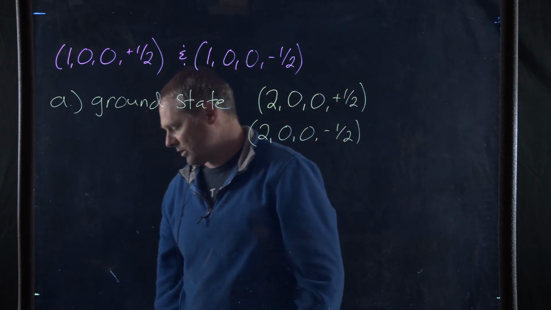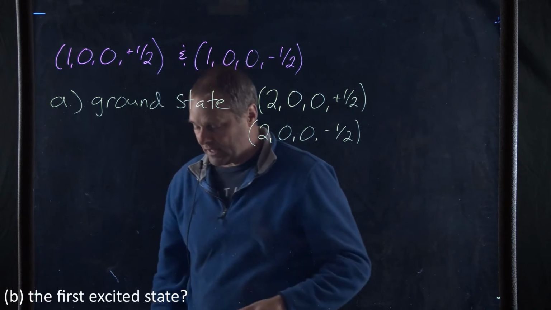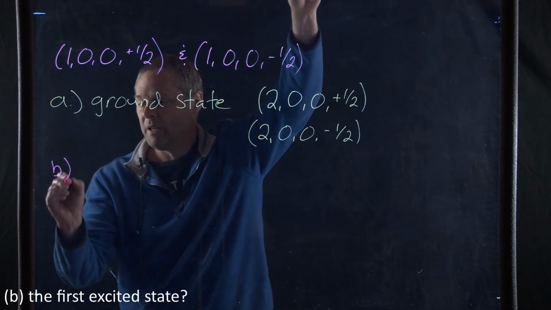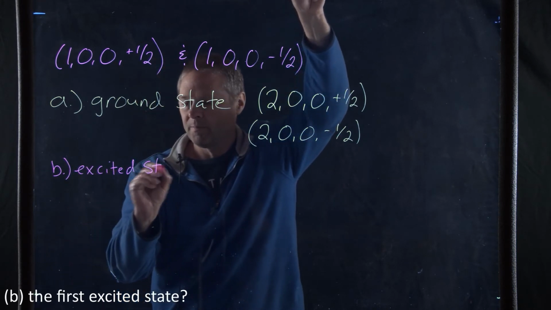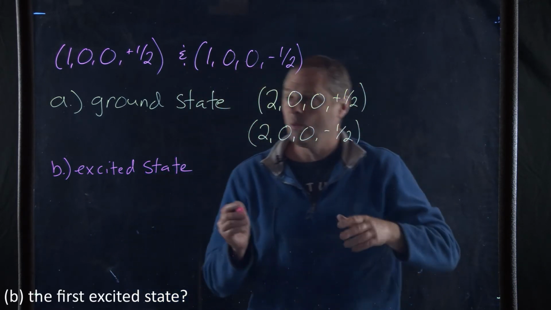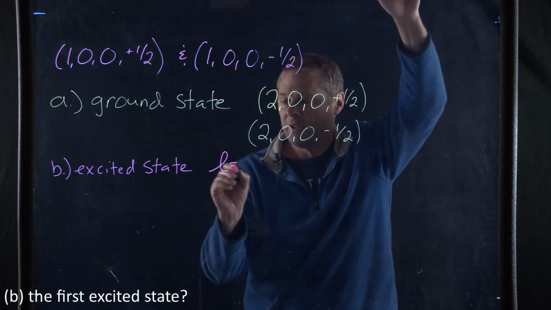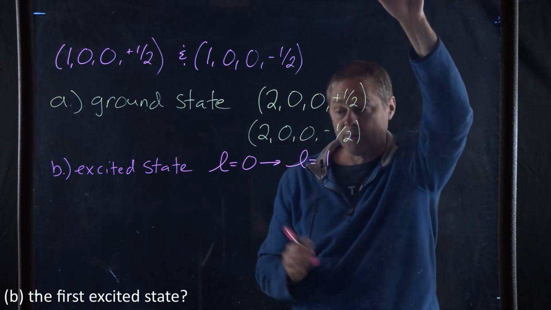Now the next question says, instead of it being in the ground state, let's say, for instance, it's in the excited state. So B is going to be in the excited state. If it's in the excited state, what is happening is that our l equal to 0 is going to l equal to 1.